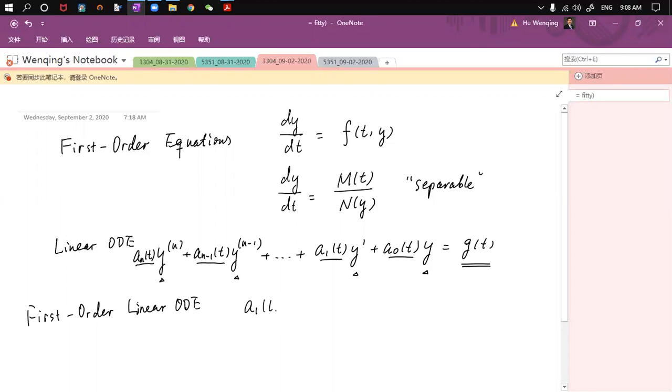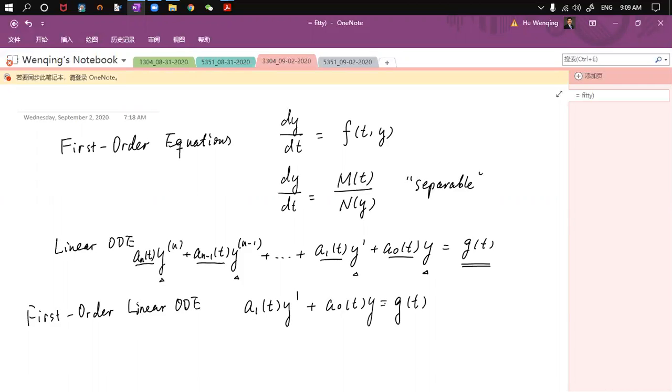It will look like a1 of t y prime plus a0 of t y is equal to g of t. Let me make it more clear: a1 of t y prime plus a0 of t times y is equal to g of t. That's a general first order linear ordinary differential equation.